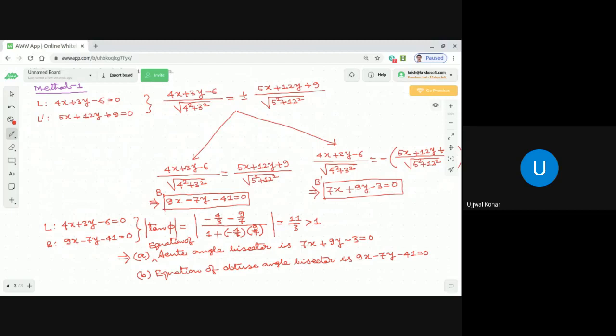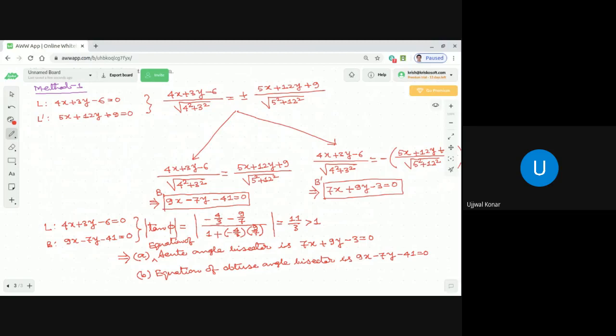Okay, so this is the way we can find the obtuse angle bisector. So we are able to answer the equation of the acute angle bisector and the equation of the obtuse angle bisector.